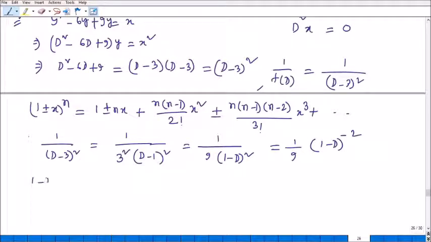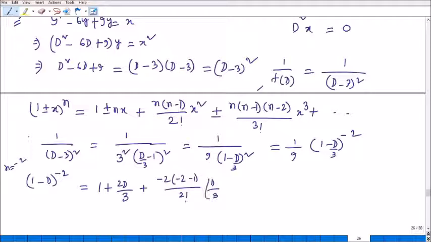This can be written as 1 plus 2D by 3 plus, with n equal to minus 2, minus 2 into minus 2 minus 1 by 2 factorial, where x is D by 3, squared.